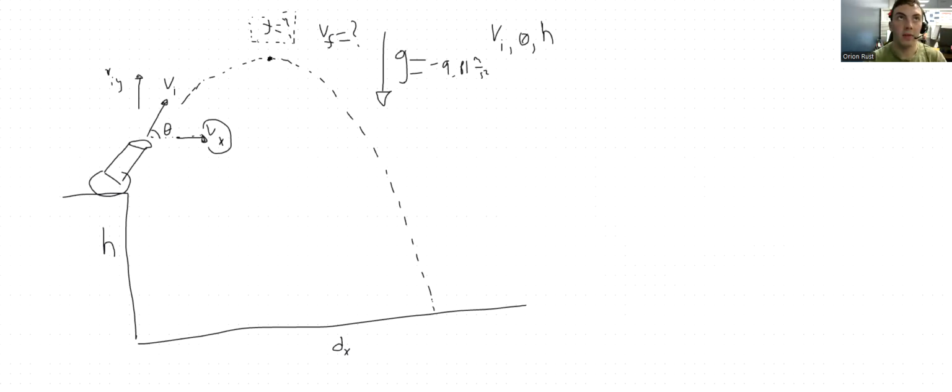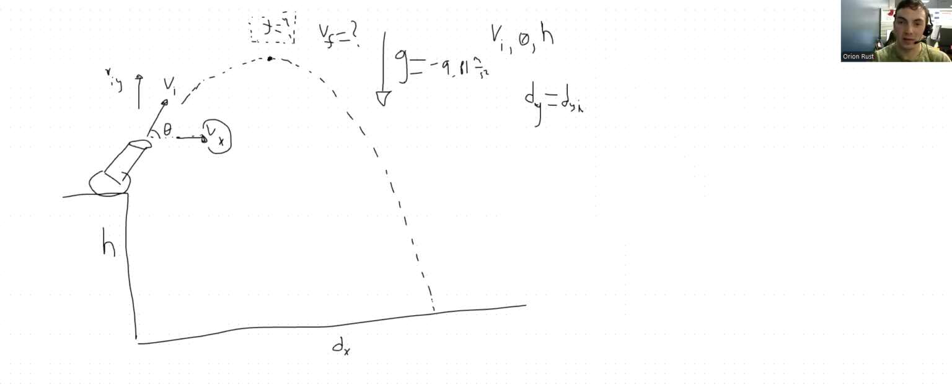Let's write it out like this. Distance in the y direction. Let's start out with our y direction because that's how we're going to get our time and derive that. dy is equal to our initial distance, which is actually our h, our height.